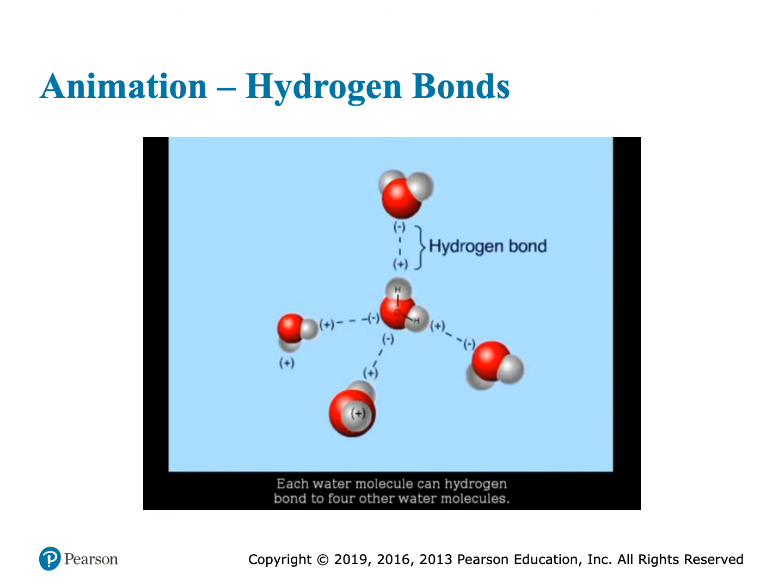Each water molecule can hydrogen bond to 4 other water molecules. A hydrogen bond is weak and lasts only a tiny fraction of a second, but it takes a lot of energy to overcome the combined attraction of many hydrogen bonds. This explains water's great capacity to store heat, its high boiling point, surface tension, and several other unusual properties.